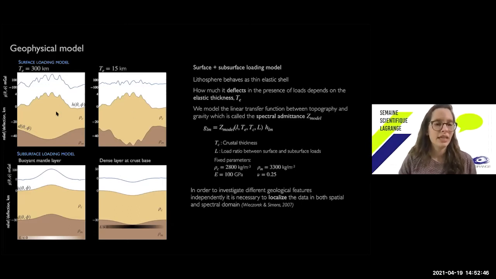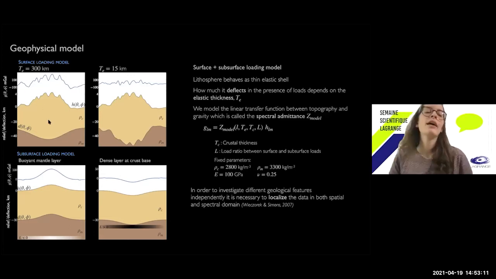So here we have an example of a very high elastic thickness, meaning that this lithosphere is stronger, and it deflects less in the presence of the load. And when we have a low elastic thickness, it means that this structure is more compensated, and then we have a lower gravity anomaly related to that than in the case of a high elastic thickness.